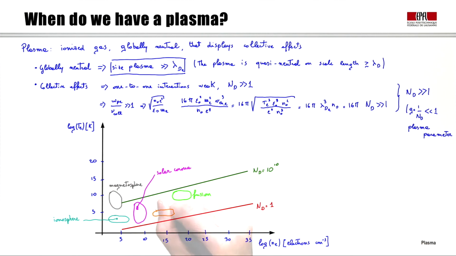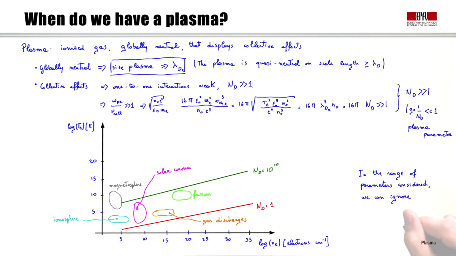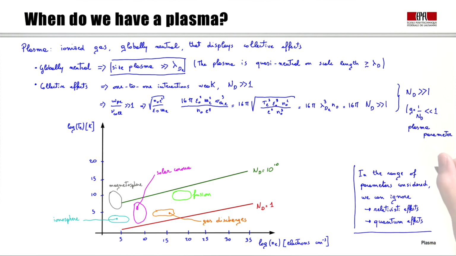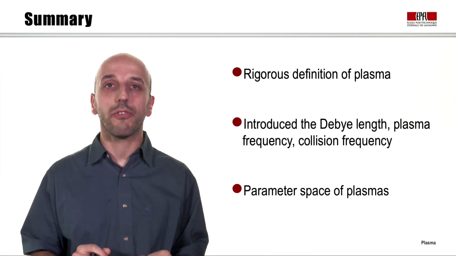And then, for example, gas discharges, they are here. Well, these are the plasmas that we will actually consider throughout our course. Let me point out one thing that is important for the remainder of the course: in the range of parameters considered, we can ignore first relativistic effects, second quantum effects.